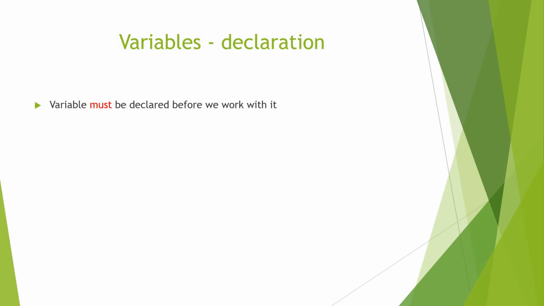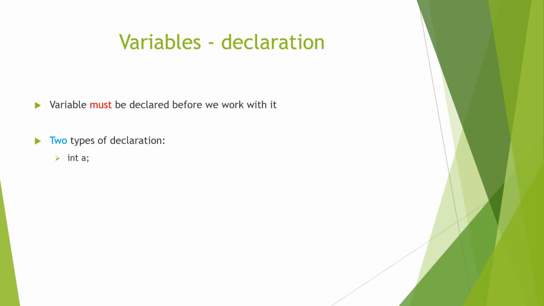We can declare variables in two different ways. First way is that we declare a variable only with a name. In this first case, we write data type of a variable first, then a name of a variable, and then of course a semicolon, because every command in Java has to end with a semicolon.